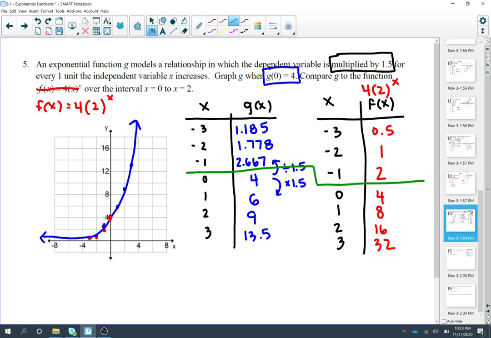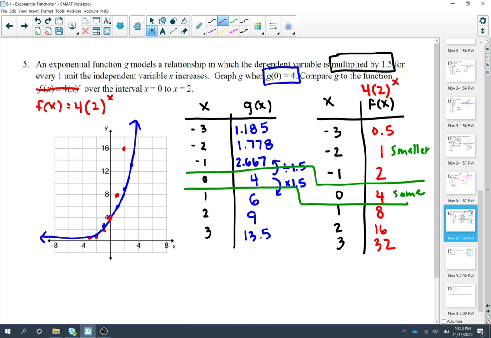Okay, so up until this point, this guy is smaller. And then when I kind of hit this point, we're at the same. Okay, now let's go see what happens. So at 1, I'm at 8, which is bigger. And then at 2, I'm at 16, which is even bigger.